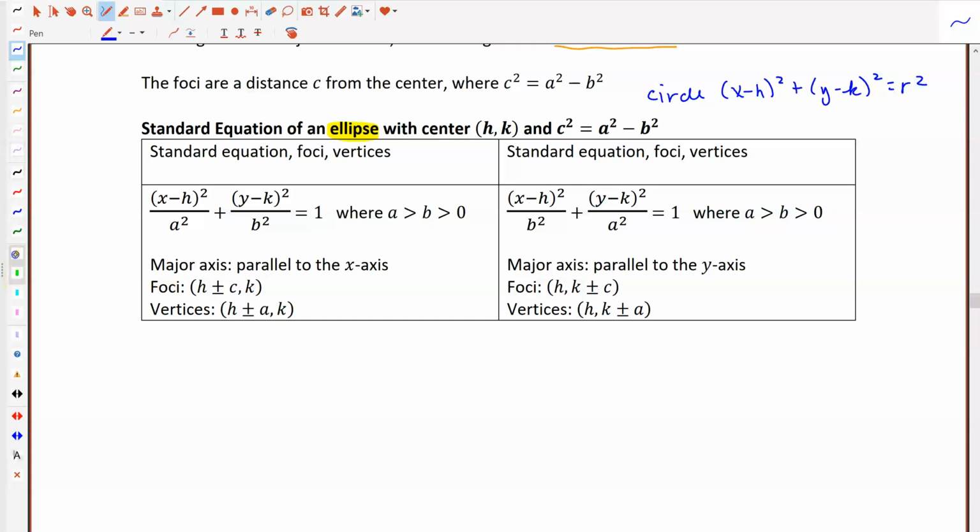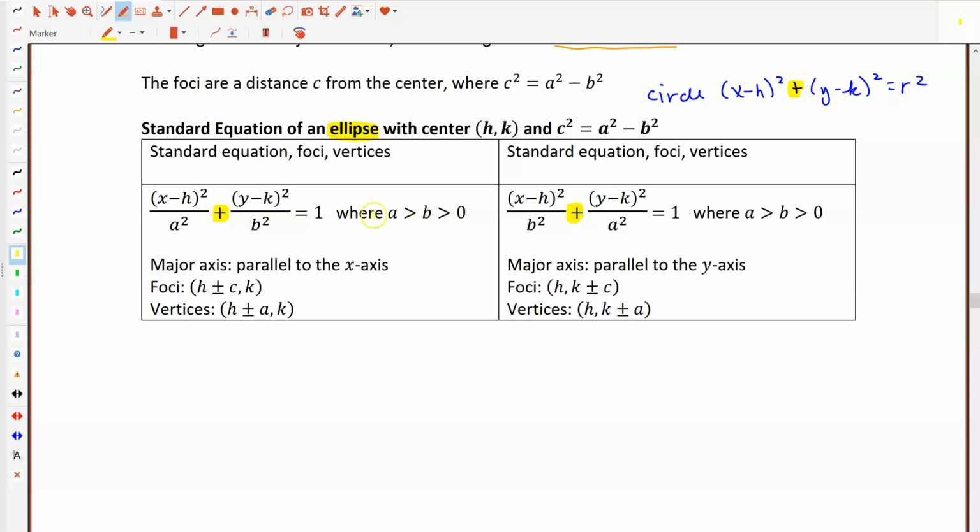If you remember that circles have this plus here, for an ellipse there's also going to be a plus here. That's going to be important. And again, the center is going to be at (h, k). H is associated with x, k is associated with y.